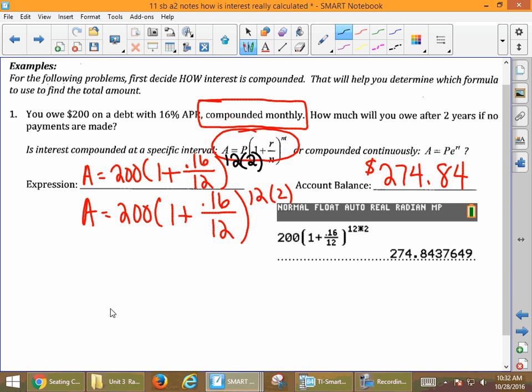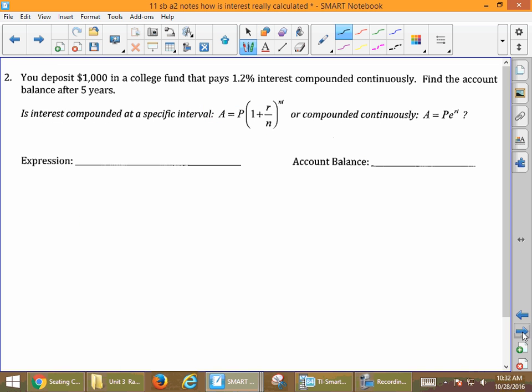When we look at example number 2, you deposit $1,000 in a college fund that pays 1.2% interest, compounded continuously. Look for compounded continuously. Those are the key words in this sentence to help us identify which formula we're going to use.